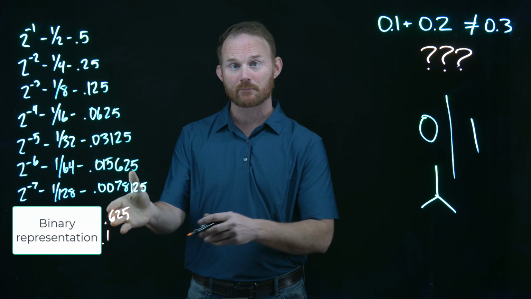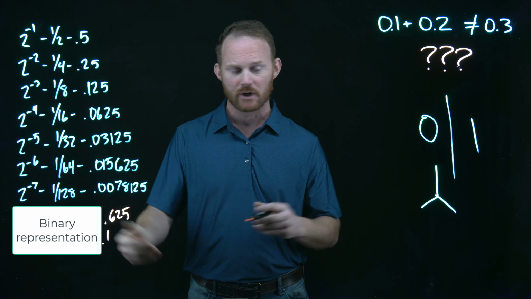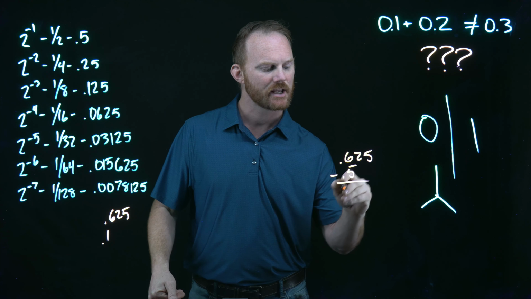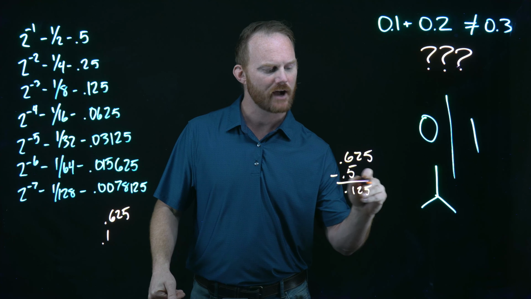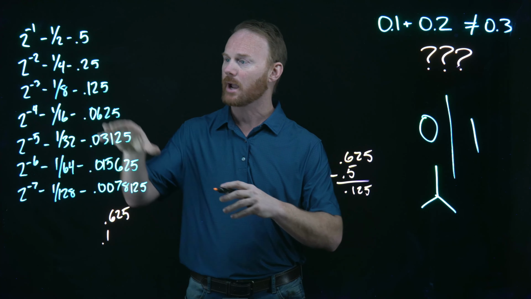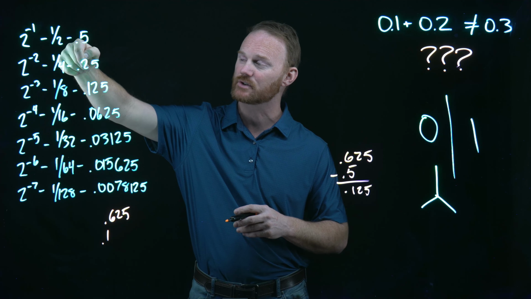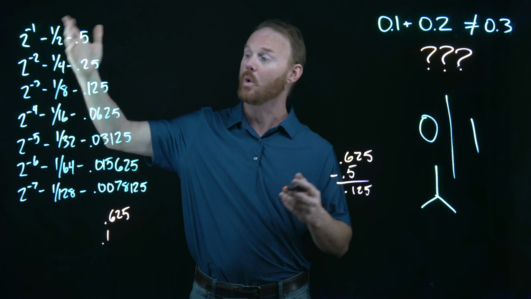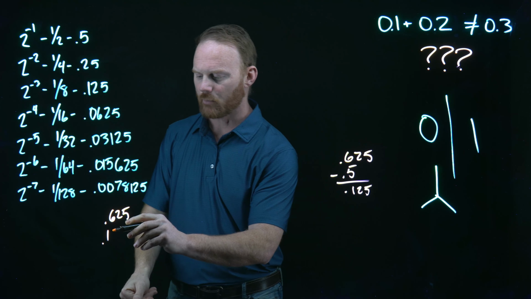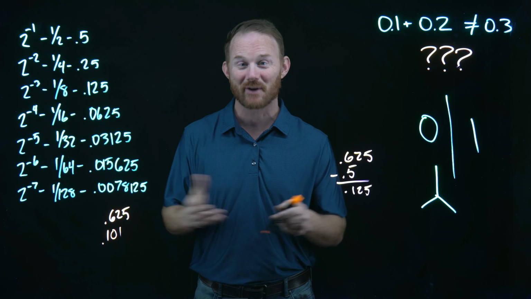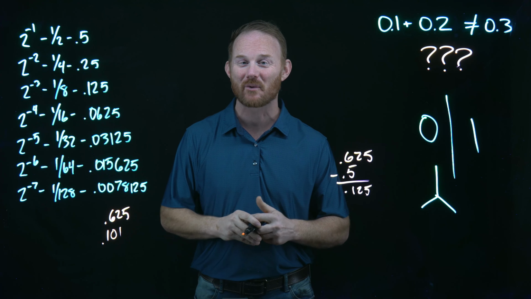We just pulled 0.5 out of our number, so 0.625 minus 0.5 gives us 0.125. We start again from the top, looking down until we get to one that's not too big. Well, this one's too big. That's bigger than 0.125. Oh, there's 0.125. We got 0.101, which is 0.625.